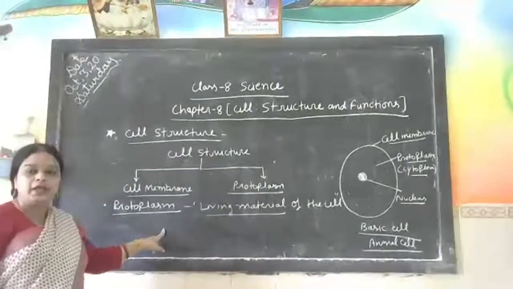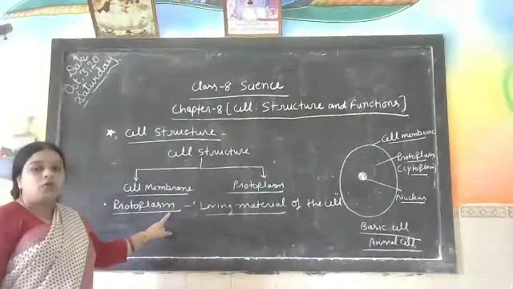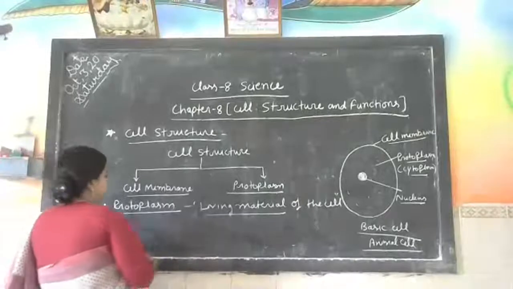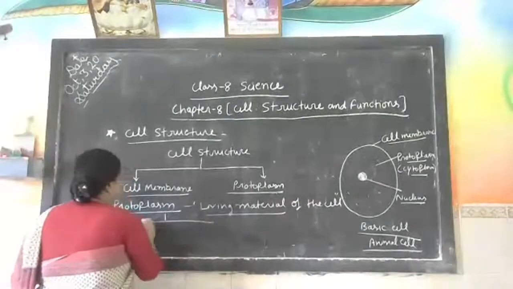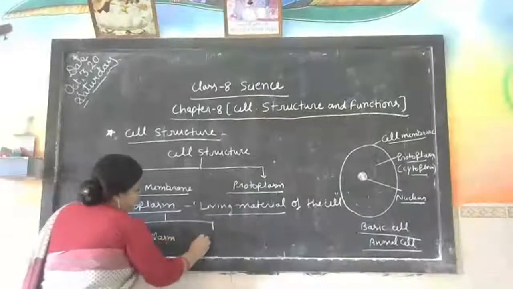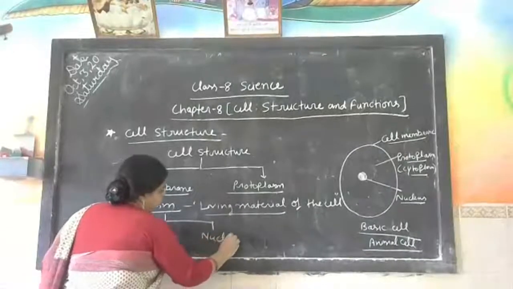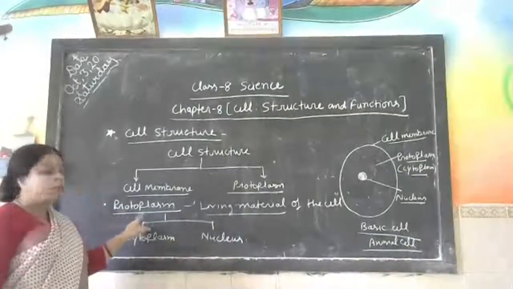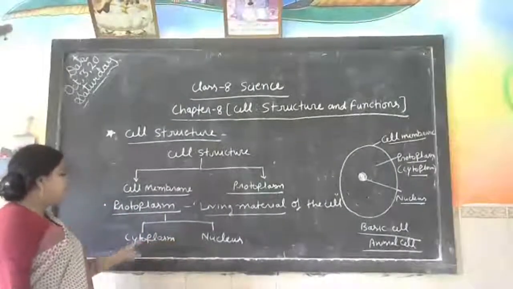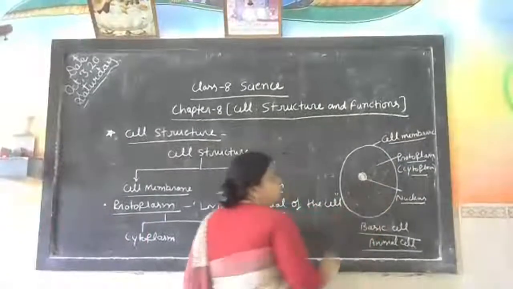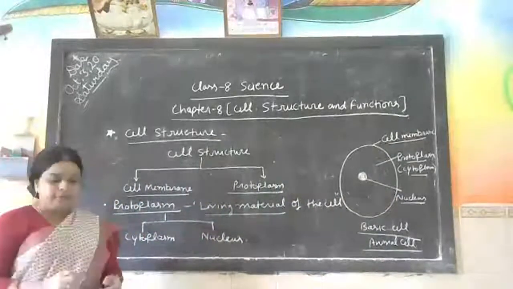This is also known as cytoplasm. This is further divided into two parts. These are cytoplasm and nucleus. Because the protoplasm has two parts, that is cytoplasm and nucleus. So this is cytoplasm and this is nucleus. Is that clear?